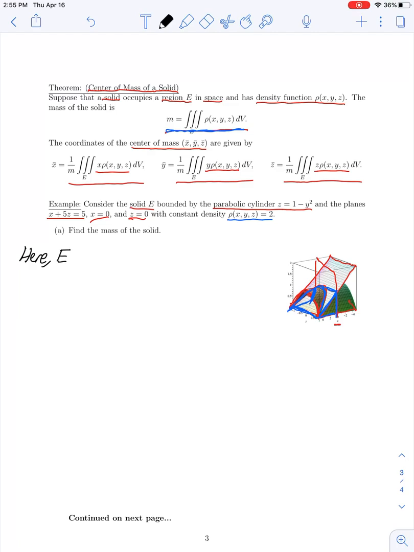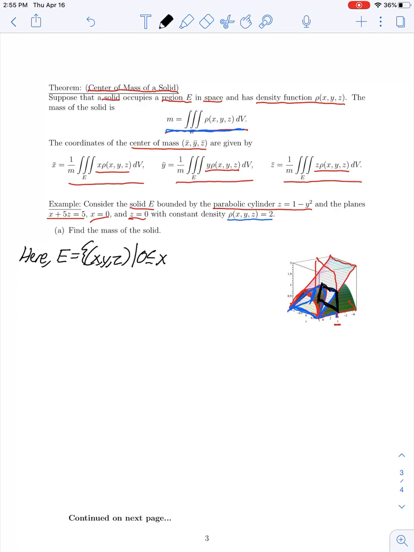We can think about E as consisting of the set of all points x, y, z, such that x is bounded below by this YZ plane. So that is the plane x equals 0.